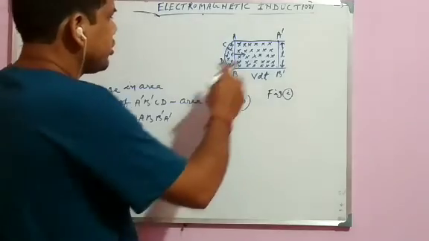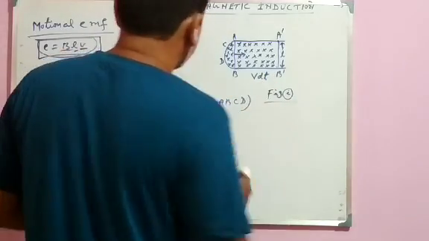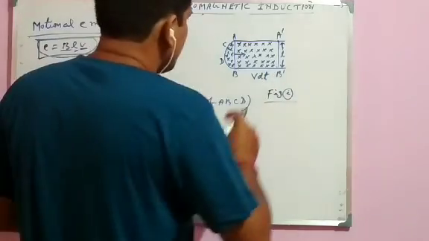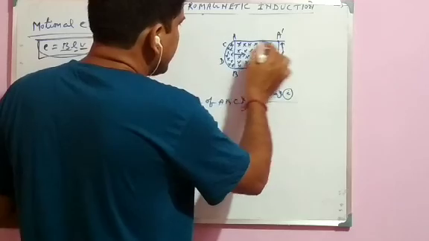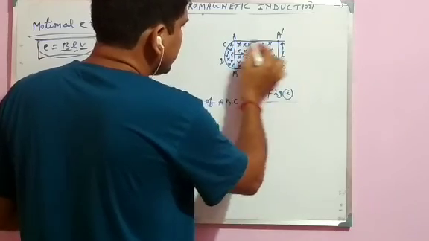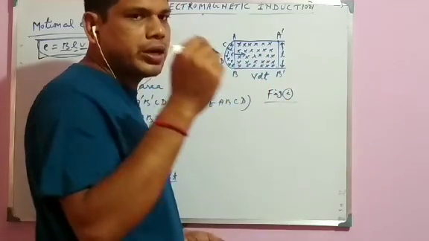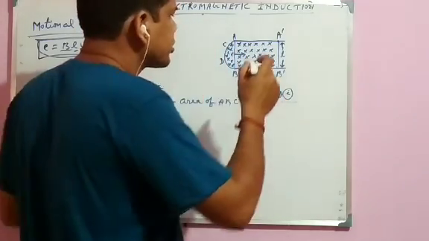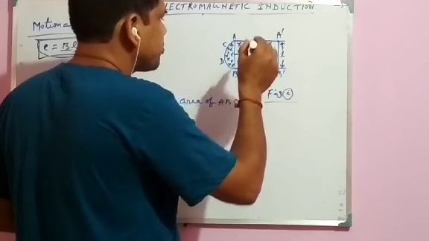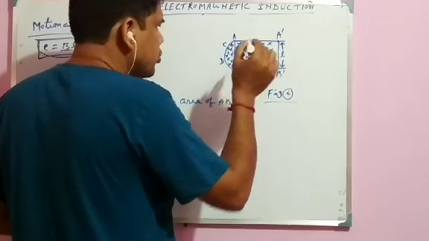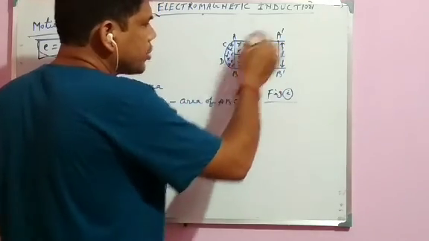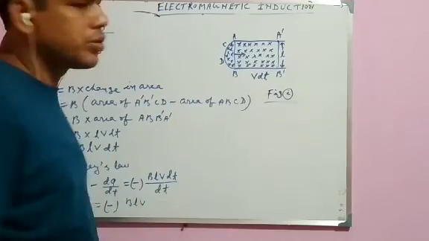Now see figure 1. We have considered a U-shaped conductor, and it is placed in a magnetic field such that the direction of the magnetic field is into the board and perpendicular to the area of this U-shaped conductor.